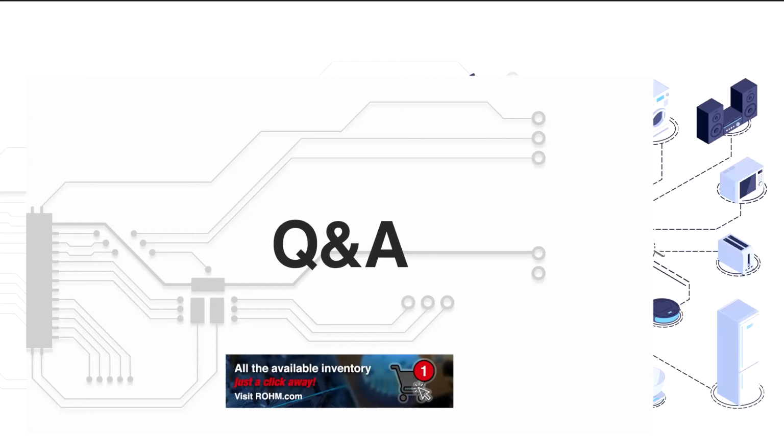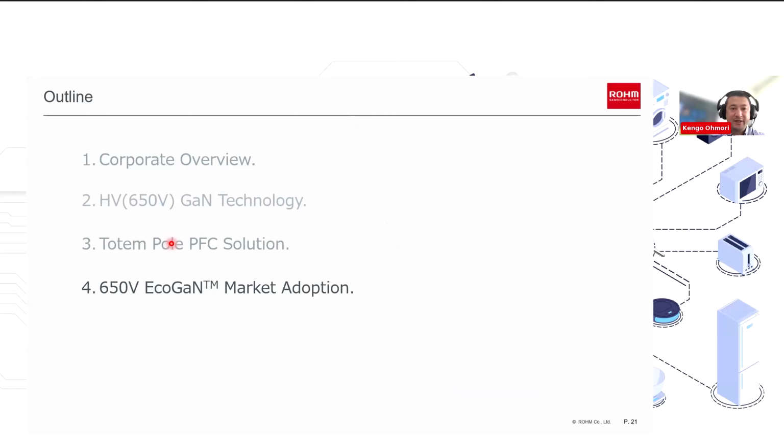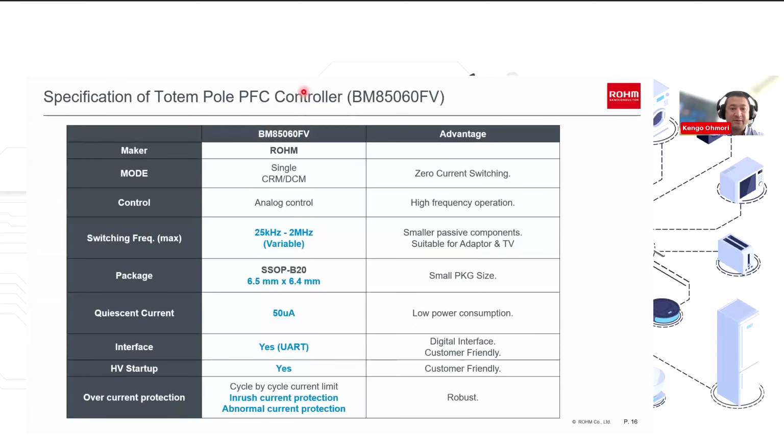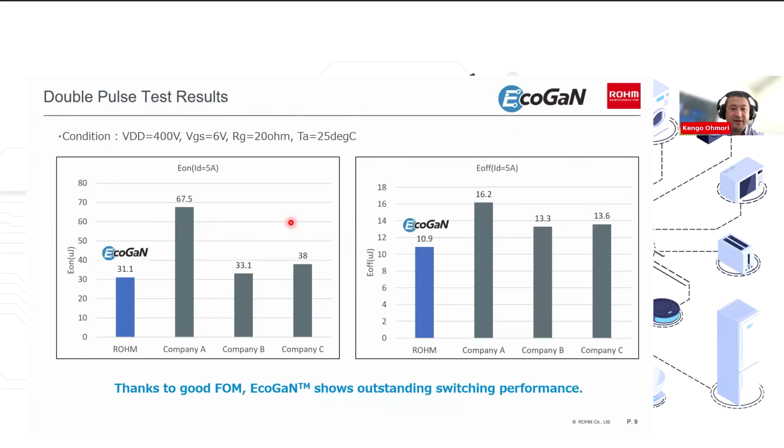Awesome. Next question is, there are several GaN suppliers in the market now. How does ROHM differentiate from those suppliers? So let me go to here. I think I have a good slide for that.